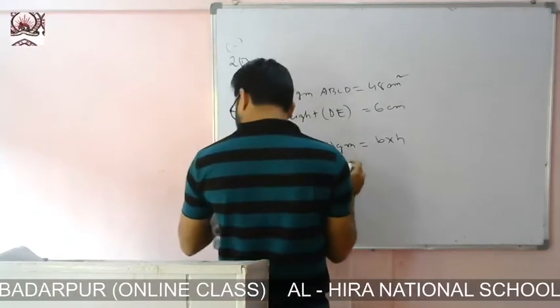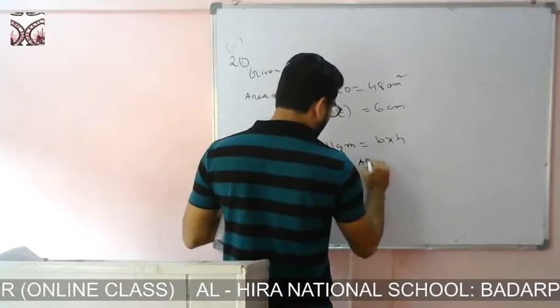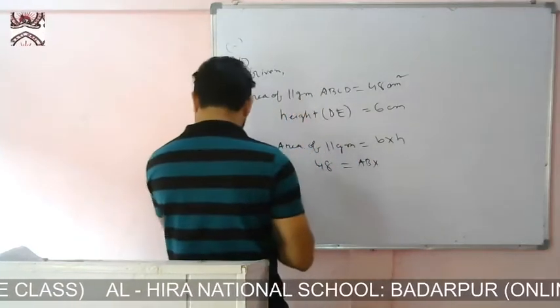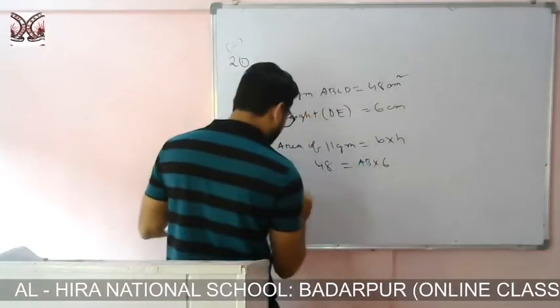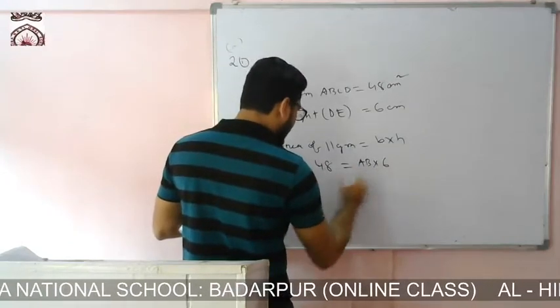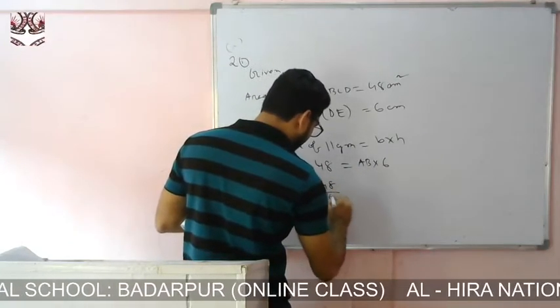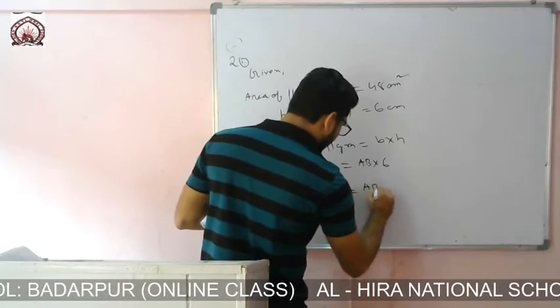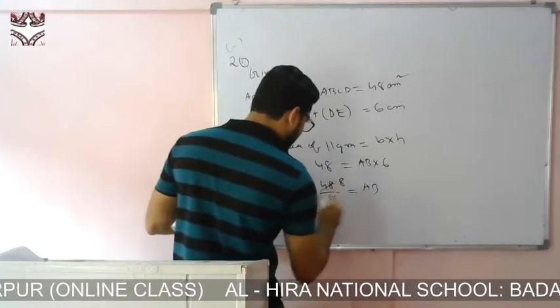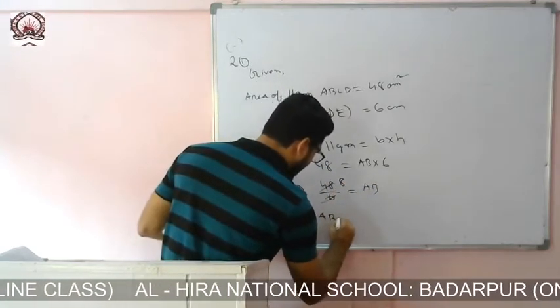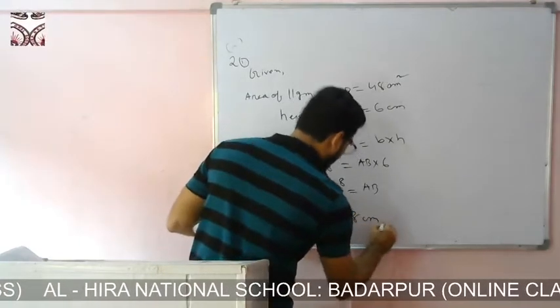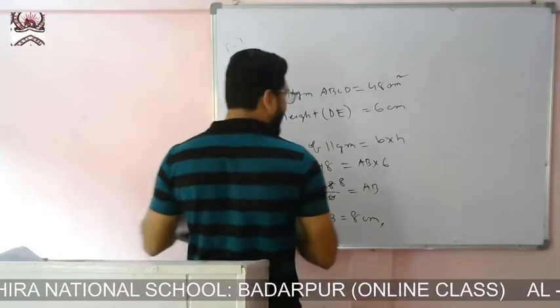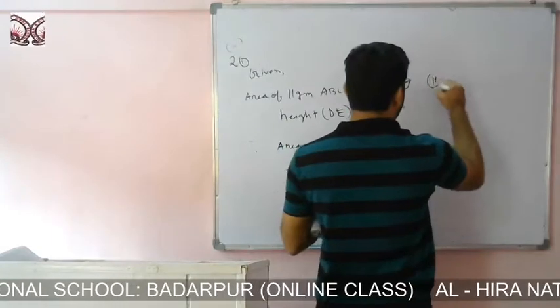AB is the base, so I'll write AB, and height we know 6 centimeter. So from there I can find. So if I cut 6, then AB remains, and I can write AB equals to 8 centimeter. That is the answer. Okay, now come to 2.